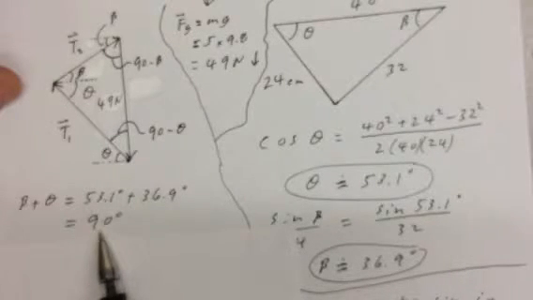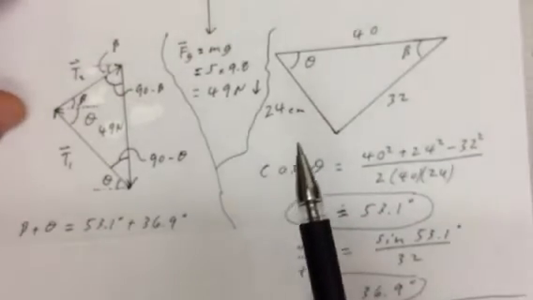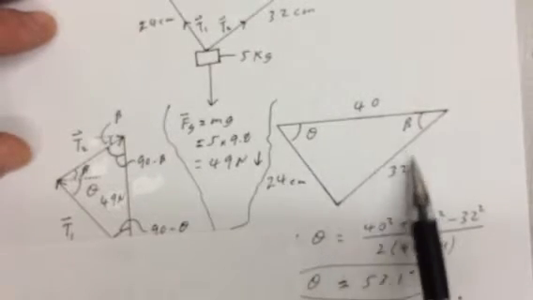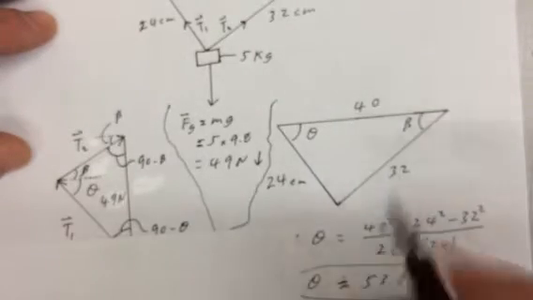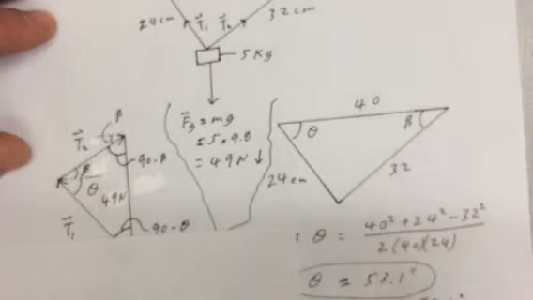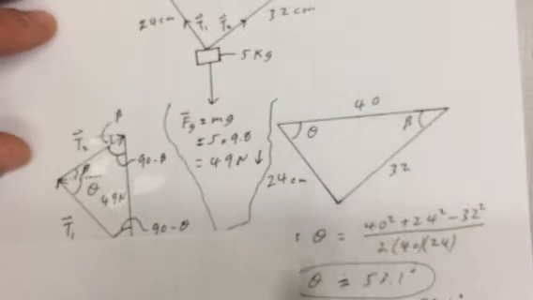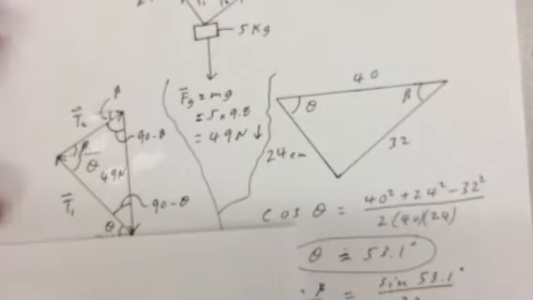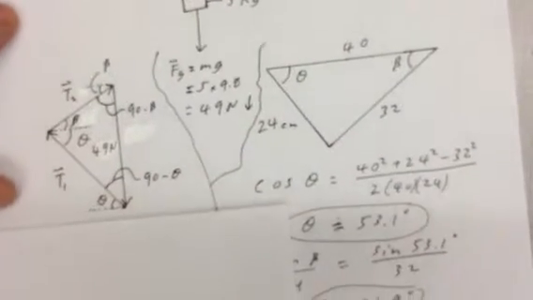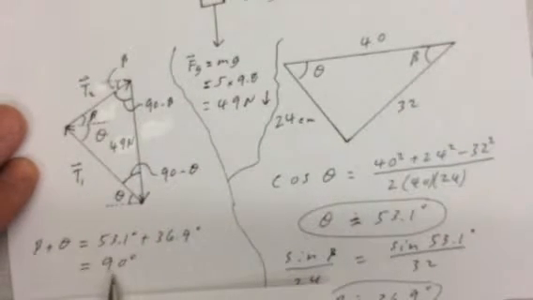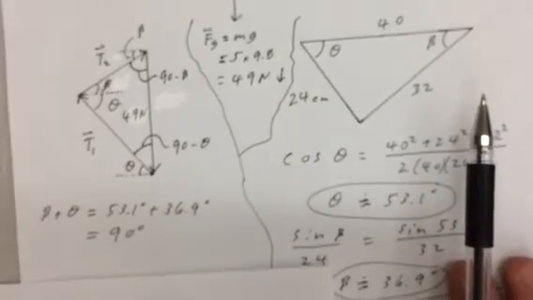Most cases probably will not end up being 90 degrees. These numbers just worked out so that this triangle here is a Pythagorean triple, where this ends up being a right angle. So 40 squared equals 24 squared plus 32 squared. That's very nice for this problem, but we're going to treat it as if it wasn't. So beta plus theta is 90 degrees.